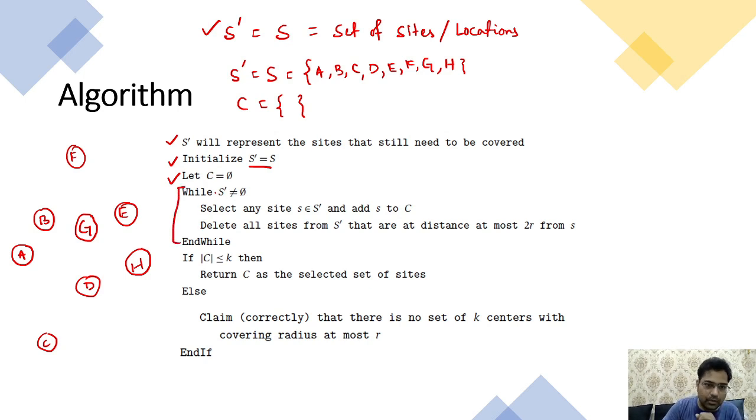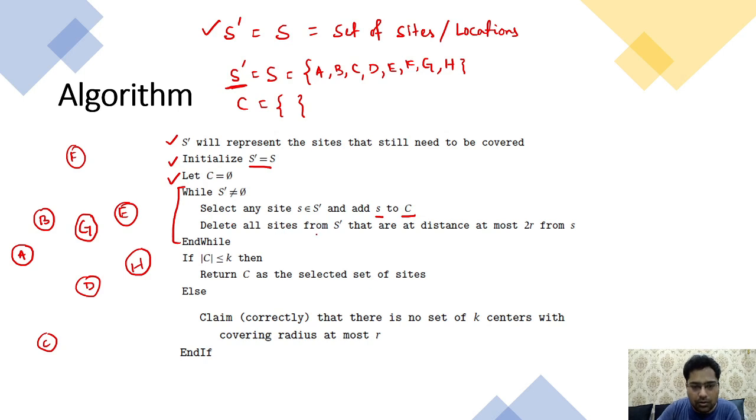Clear? What does the while condition say? Until S prime is empty, what we have to do is select any site, randomly select any site, and add S to C. Whenever we have selected one, we will add that to our centers. Clear?